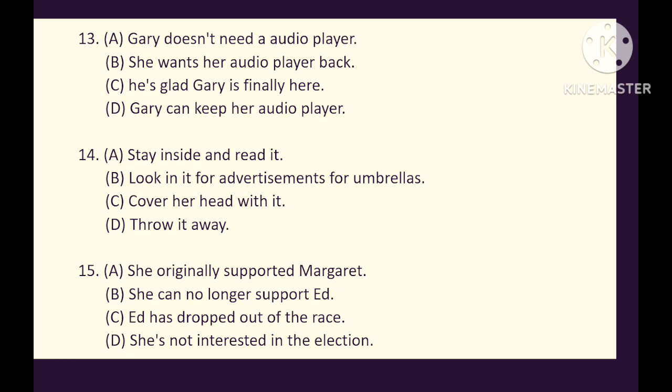He's welcome to it. What does the woman mean? Number 14. I'm going to make a run for it. You don't happen to have an umbrella I can borrow, do you? No, but here's a newspaper. What does the man imply the woman should do with the newspaper?